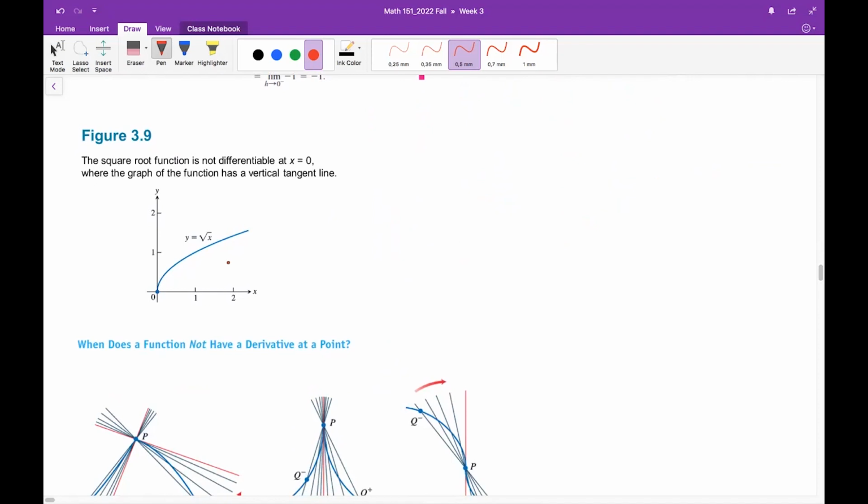So let's concentrate on this example now about differentiability. This time we are working with the square root function, y equals square root of x. And we want to consider the derivative at the origin. So let's try to see the slopes of the tangent lines as our point approaches the origin, okay?